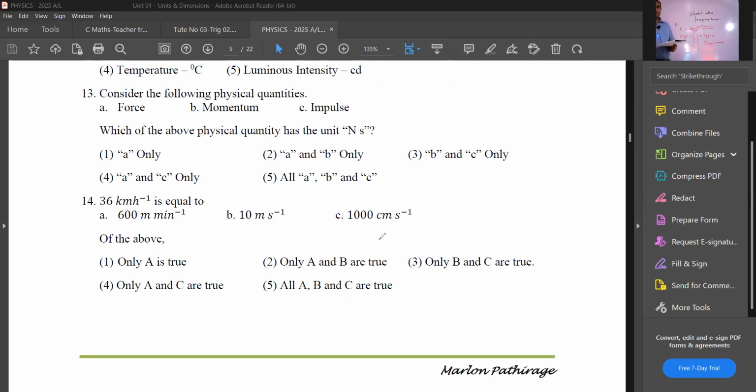Because when we convert km h minus 1 into m s minus 1, what is the multiplication factor that we can use?